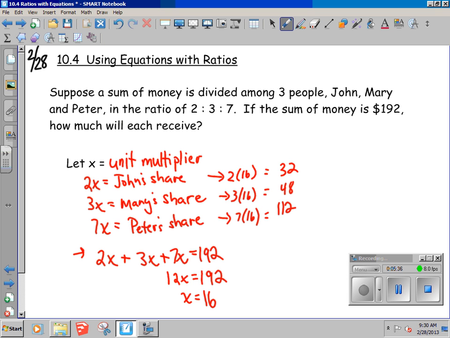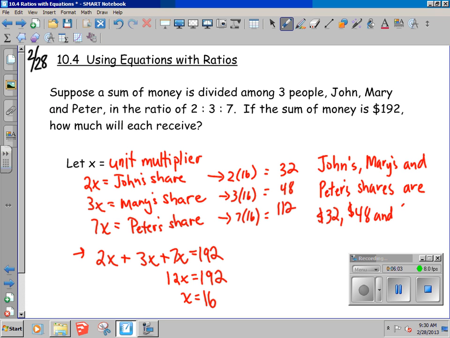If you want, you can say John, Mary, and Peter's shares are $32, $48, and $112 respectively, and that means in that order. So if you don't want to write it out with a sentence for each, you can do it that way.